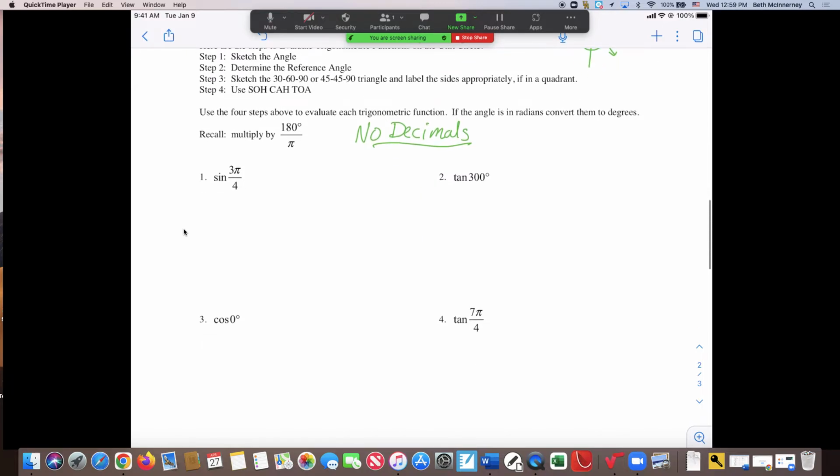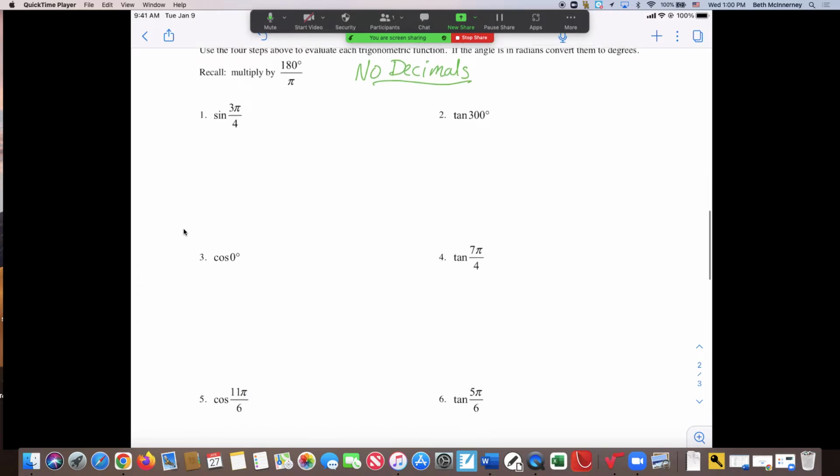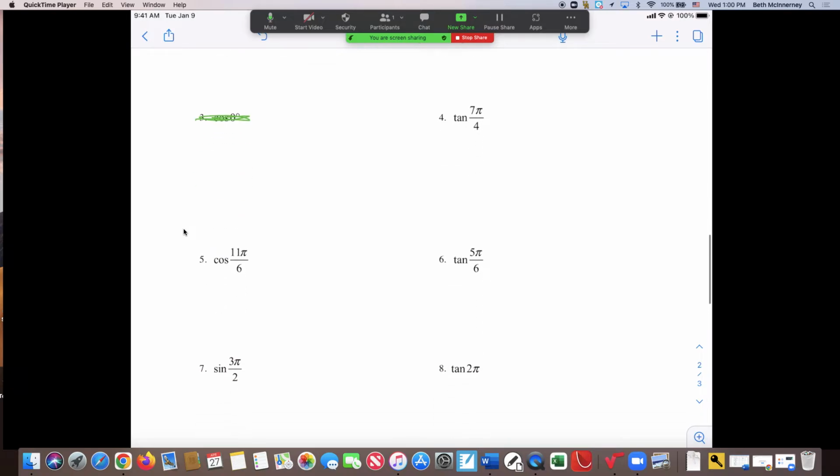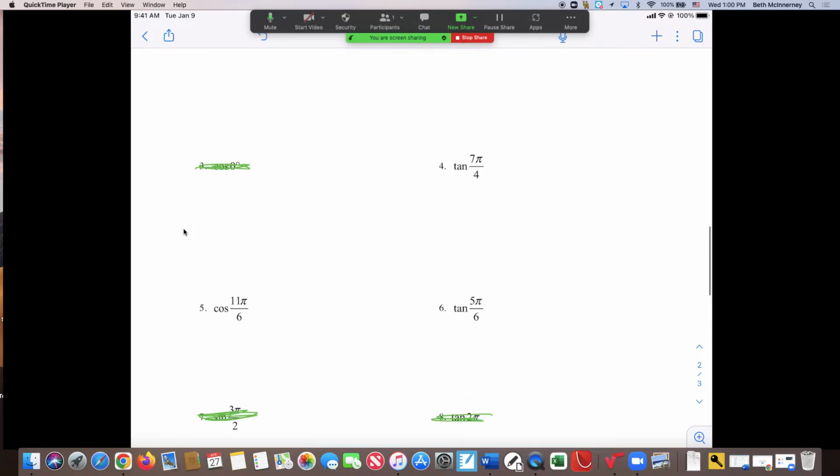Again, if you want to put them in degrees and work that way, you can. I'm going to try and keep it in radians, but do you see number 2 is in degrees? We're not going to do number 3, 7, or 8 on here. Cross those 3 out.